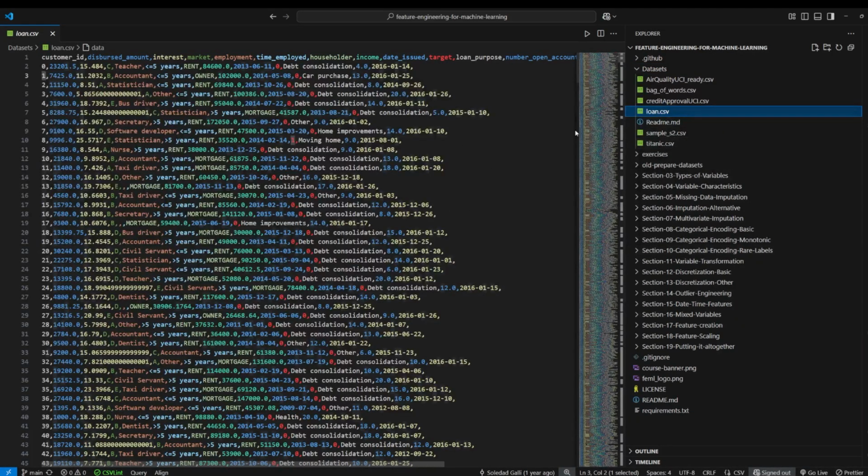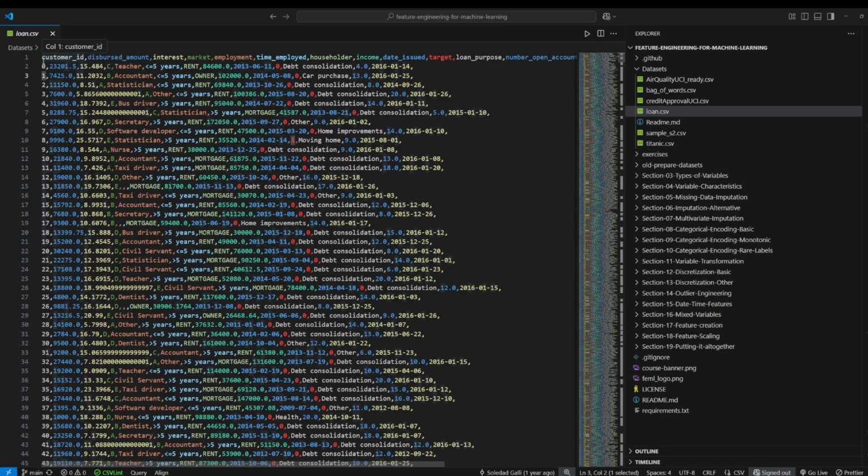For example, here it is called loan.csv. Here you can see there are lots of values, right? For example, starting with customer ID, disbursed amount, interest, market, employment, time employed and so on.